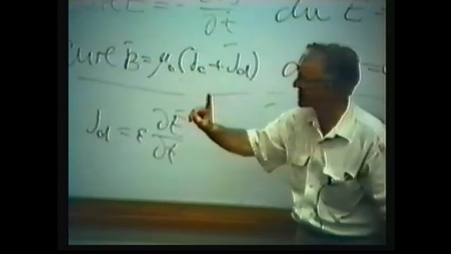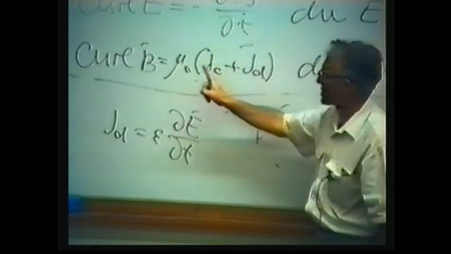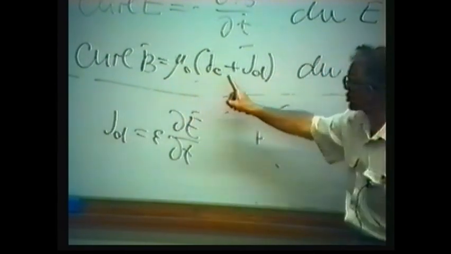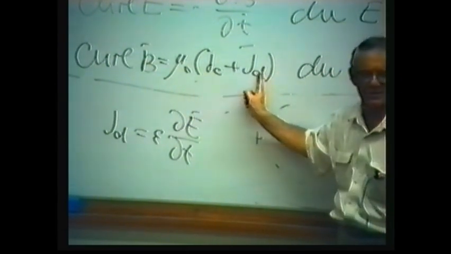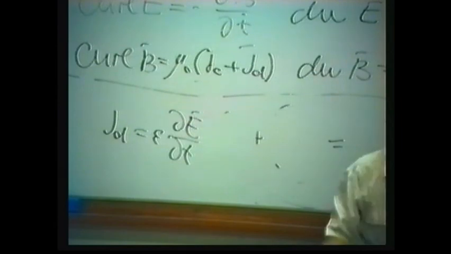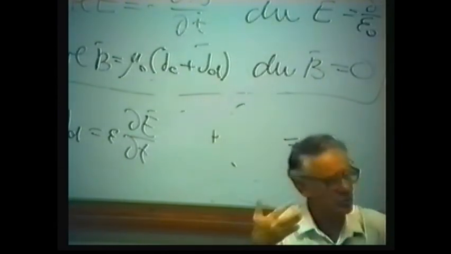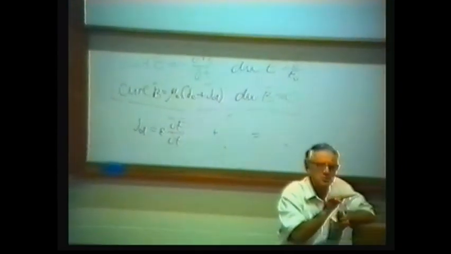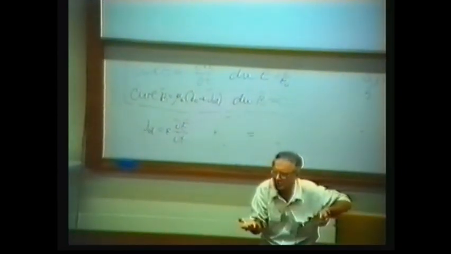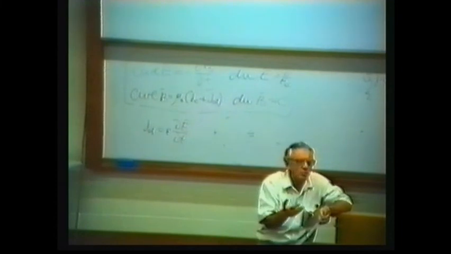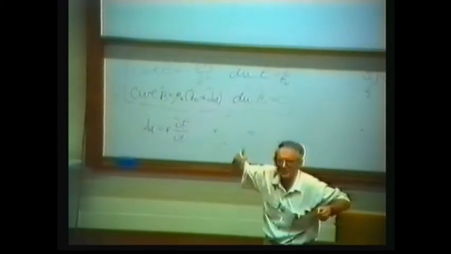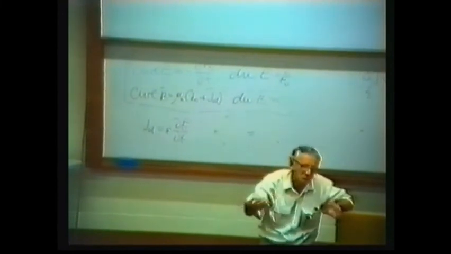What we established, according to this equation, is that the magnetic field is caused by two currents. Why are they called currents? You and I like to call moving charges currents because we are accustomed to it. But how to call a change of electrical field with time in free space a current?